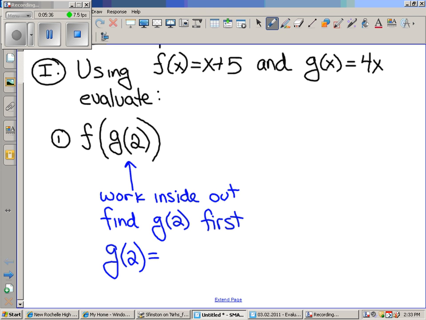How much is it worth? Well, it's directly what we did yesterday. Here's the equation. How much is g at 2 worth? G at 2 is worth 8 because we subbed out the x and we put a 2. So that's going to be 4 times 2, and that's equal to 8.